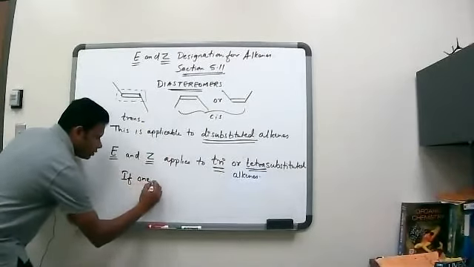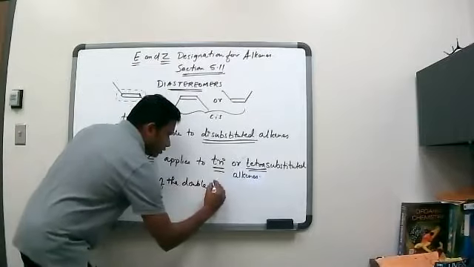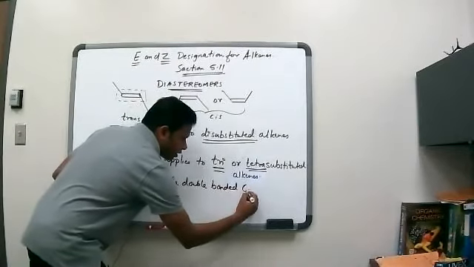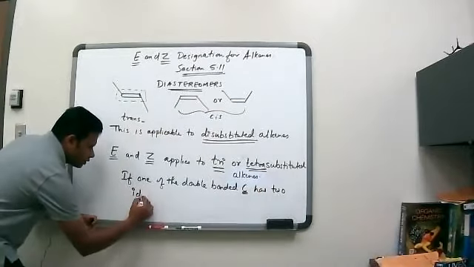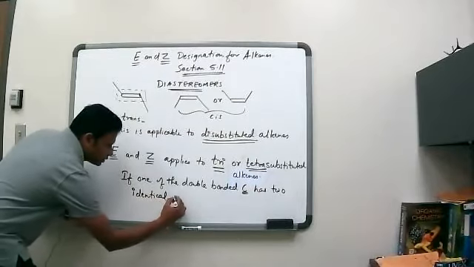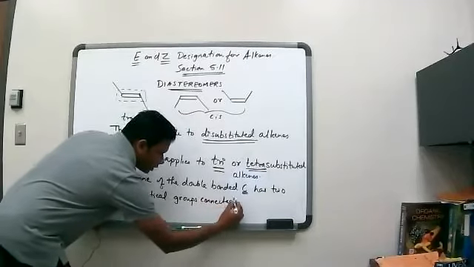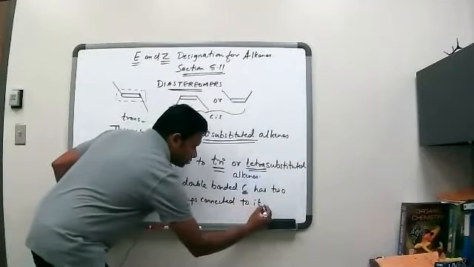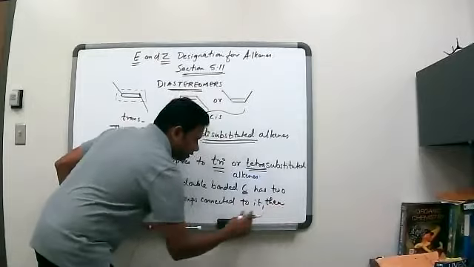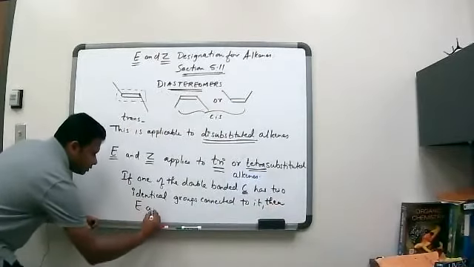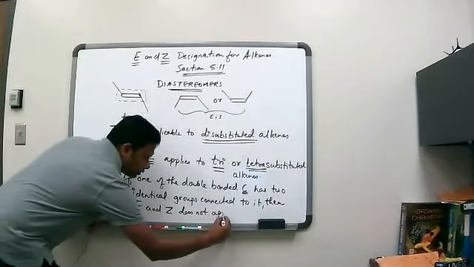if one of the double bonded carbons has two identical groups connected to it, then E and Z does not apply.